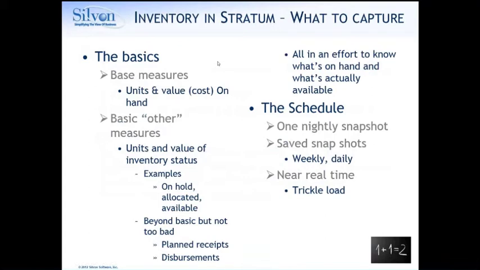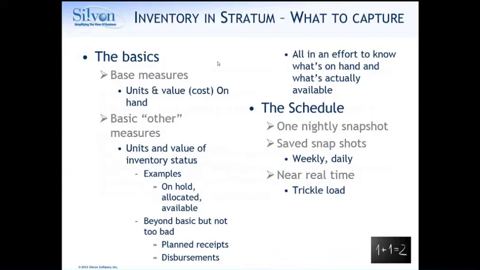When we think of inventory, there's some real basic stuff that you can capture. The most basic would be the units we currently have on hand, as well as the value of those units. That's probably the two simplest things that you can collect, and different ERPs make this easier or harder depending on the style and how they store inventory. This might be as simple as grabbing a number out of a table and updating that.